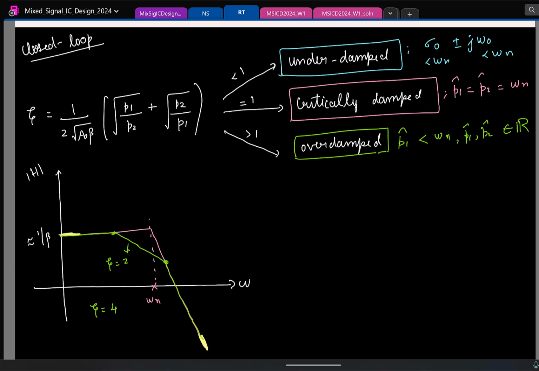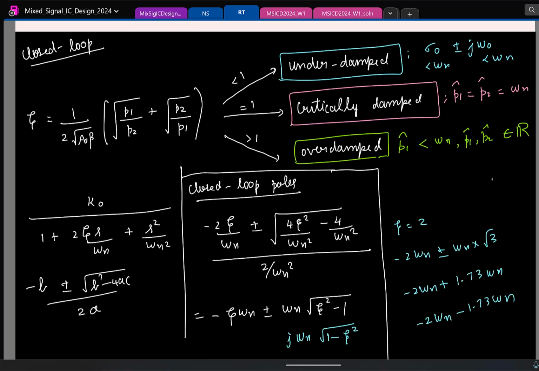So let us say you put zeta to infinity. What will happen to the pole locations? If zeta is really large, let's not even take infinity. So what will happen to this expression? Zeta is very large, so this will approximately be zeta. So what will happen to the pole locations now? One will be at 0. One will be at minus 2 zeta omega n.